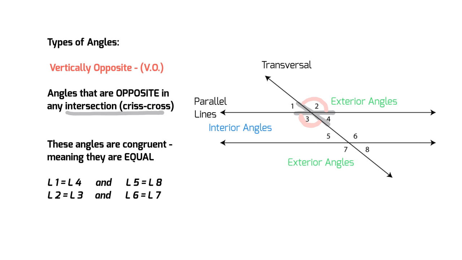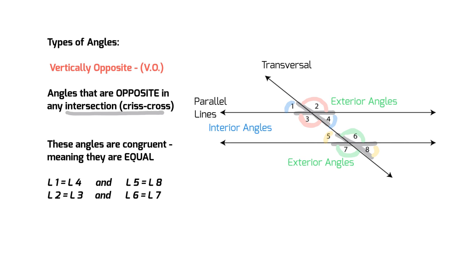So 2 and 3 are vertically opposite angles. Also, 1 and 4 are vertically opposite angles. In the bottom line, we have another intersection, 2 lines crossing over. So vertically opposite means they are opposite each other. 6 and 7 are vertically opposite. 5 and 8 are vertically opposite.